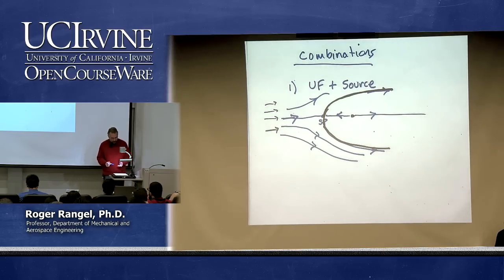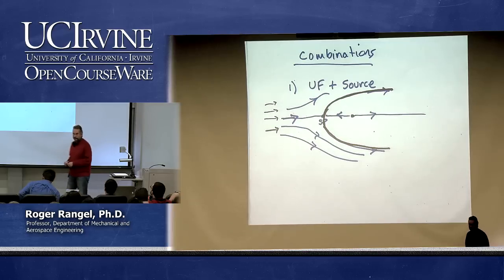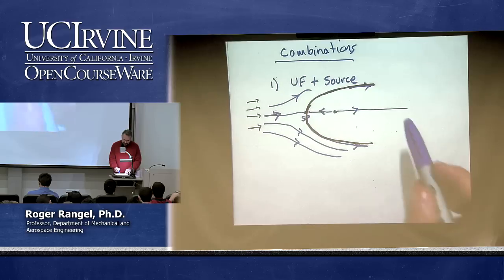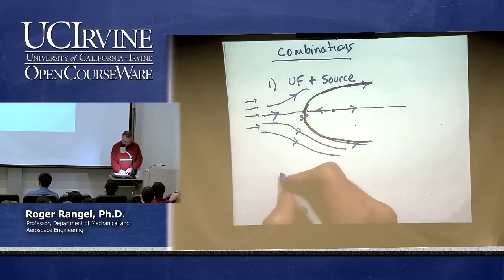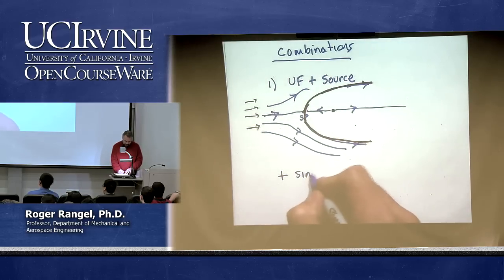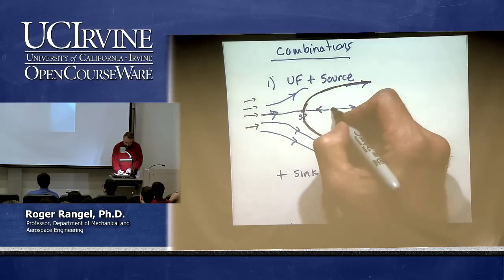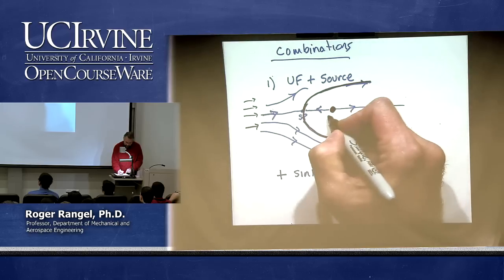And you did a homework problem related to this when you combine the uniform flow with a sink, because you just get the opposite effect. And in fact, if I now add a sink, but I added somewhere back here, so this is the source, right? That's the source.